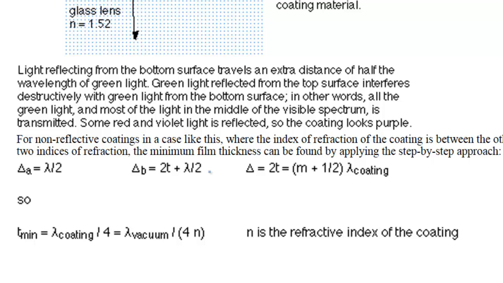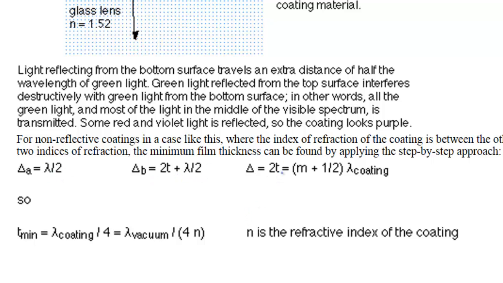So that's in addition to the thickness of the film. So delta A is equal to lambda on 2, and delta B is equal to 2t plus lambda on 2. So the overall change is 2t, because you've got delta B minus delta A, so you eliminate this lambda on 2.